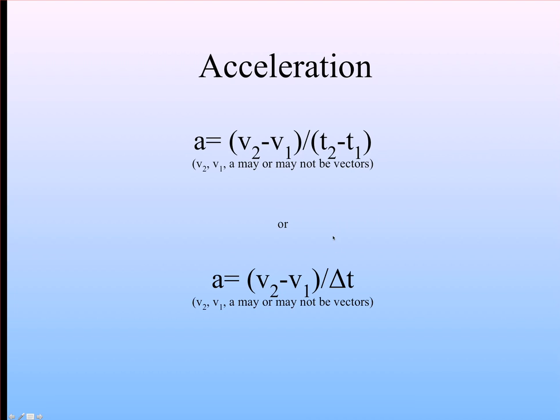Usually, you'll be given an elapsed time. And so acceleration equals your final speed minus your initial speed divided by time. These could also be velocities, in which case your acceleration would be a vector. This can also be written as acceleration equals delta v divided by delta t.